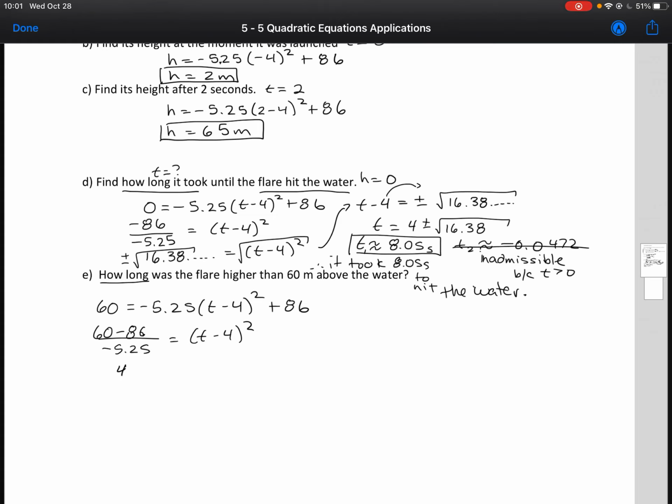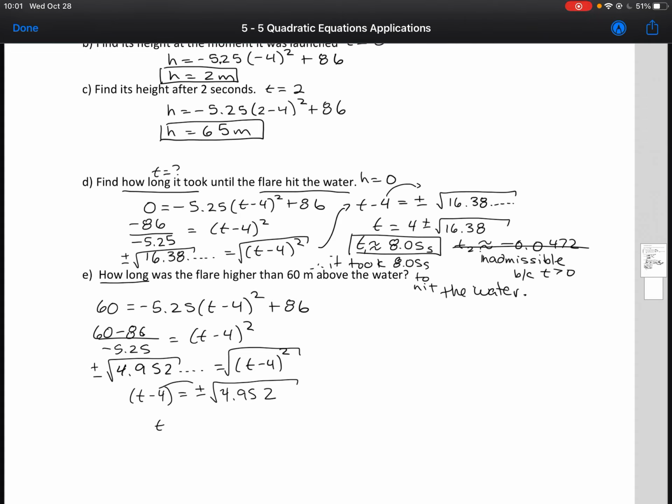When I divide here, I'm going to get about 4.952 and some change. And then I've got (t minus 4) squared. Again, I'm at the point where I'm going to take the square root of both sides. When you take the square root, you do get a positive and a negative value. So I've got t minus 4 is equal to plus or minus the root of 4.952.